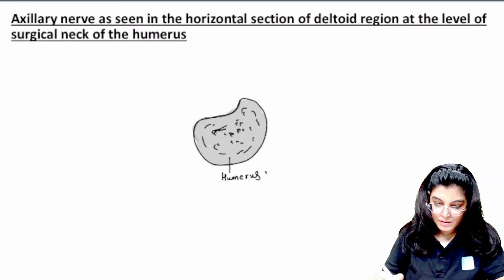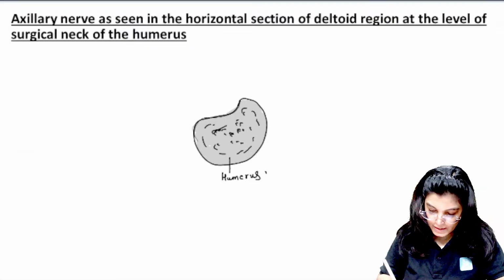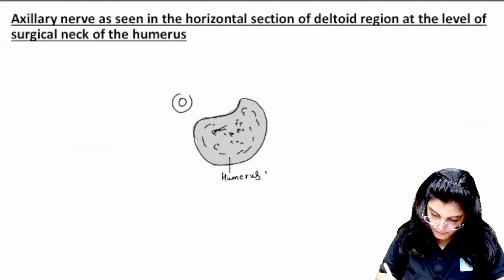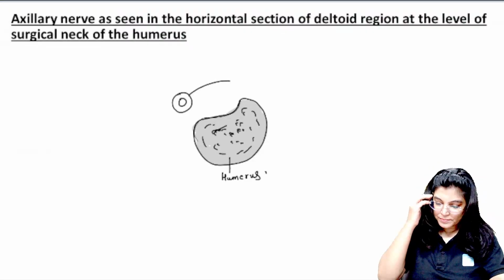Got it? And we will draw here the axillary artery, which is giving two branches close to it.